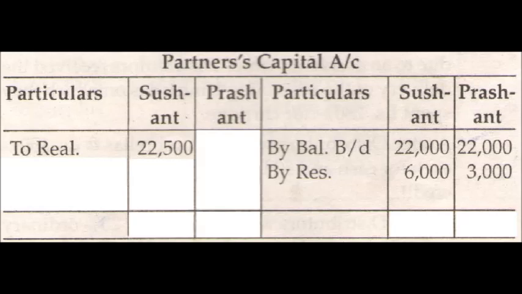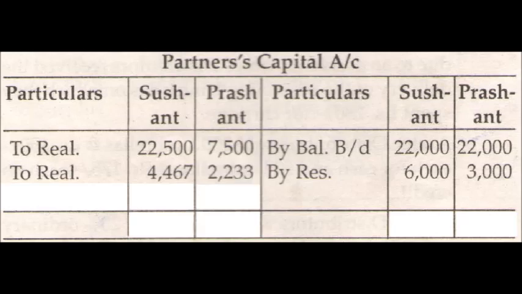You write to realization 7,500 Prashant, which is stock being taken over by him. Then the loss which you have just calculated, 4,467 and 2,233, that is to be transferred here. Same entry to realization, 4,467 Sushant and 2,233 Prashant.